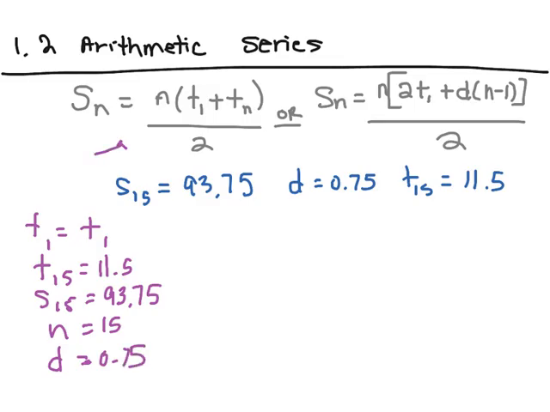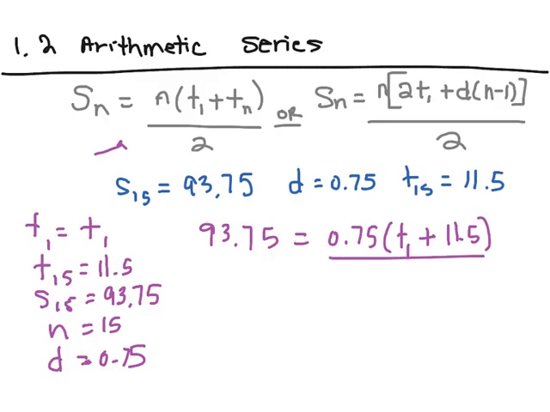So we can use the first equation: the sum of 15, so 93.75, is equal to 15 times T1 plus 11.5, divided by 2. Now we're going to manipulate the equation and solve for T1, so times both sides by 2.